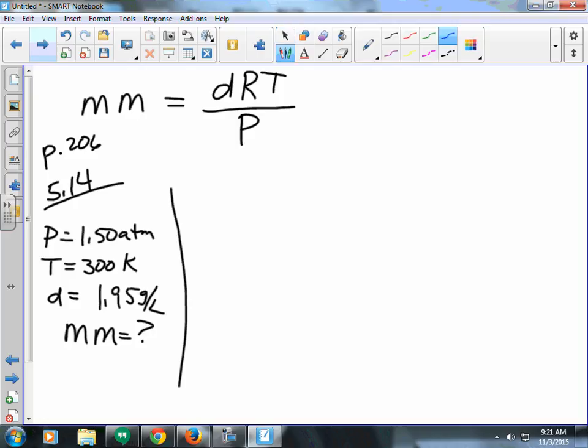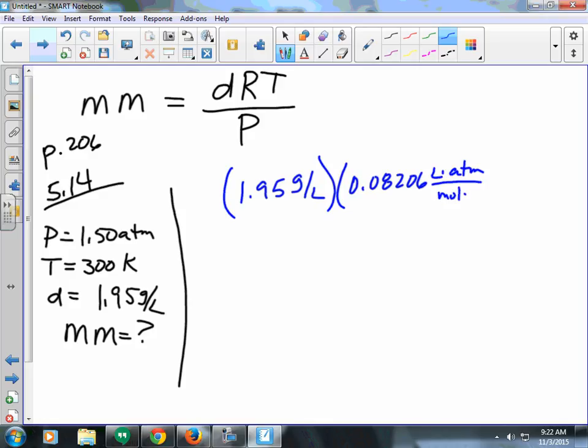Okay, so we're going to use this equation, just plug it in. Density is 1.95 grams per liter, R is 0.08206 liters atmosphere per mole Kelvin. Temperature 300 Kelvin. It should be 2 sig figs.